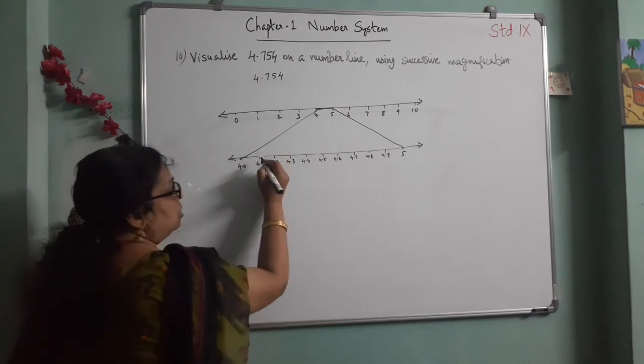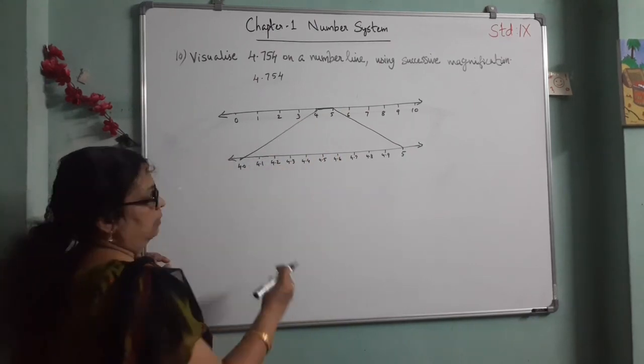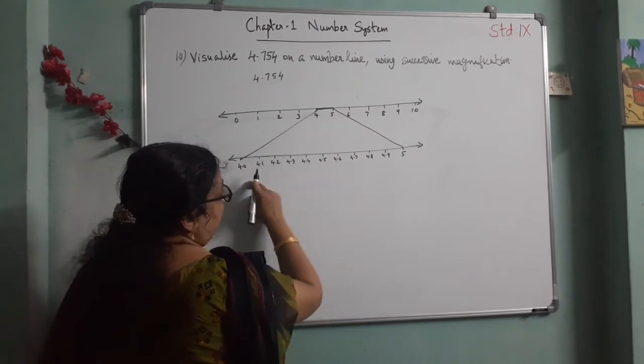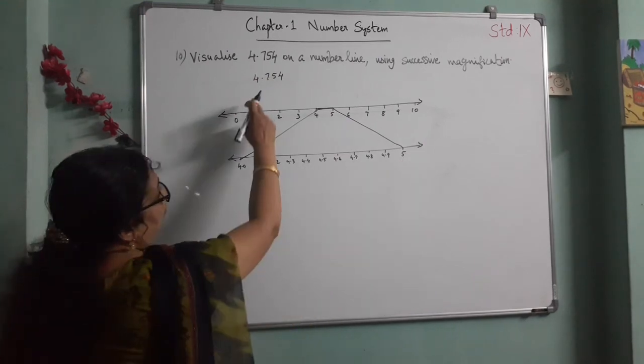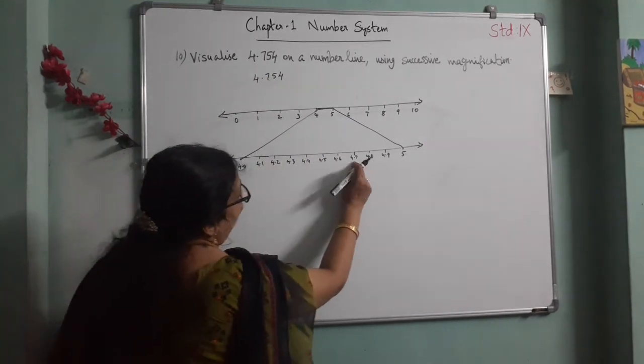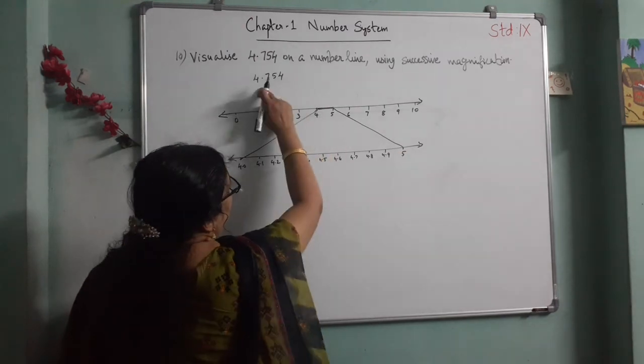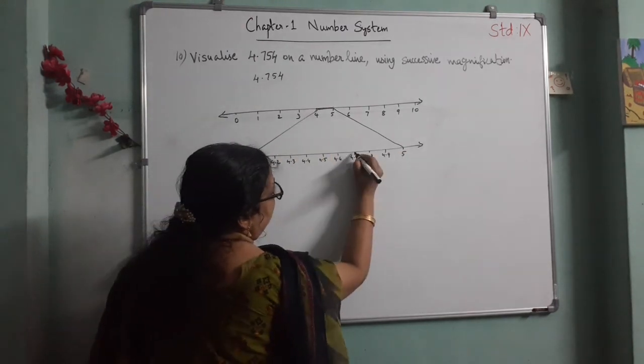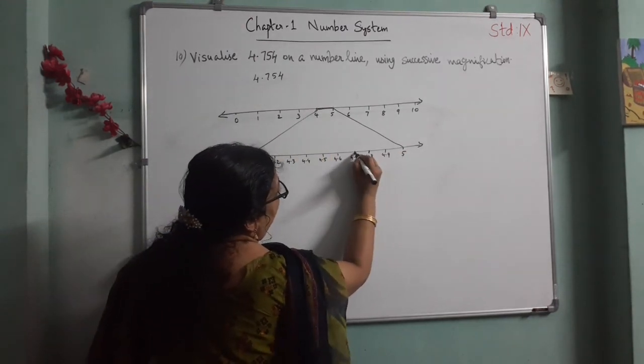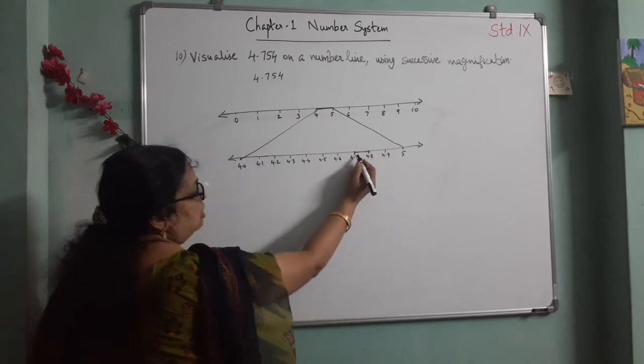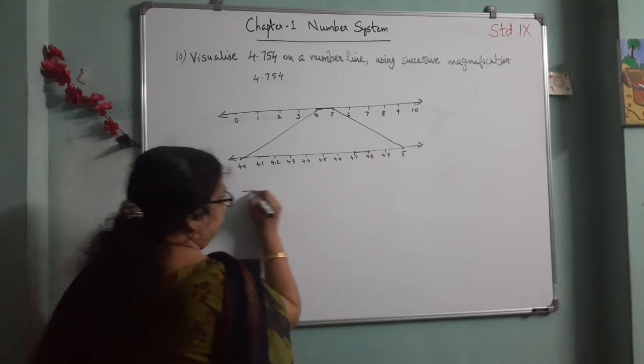So this line also you draw using a scale. So 4 to 5 that we magnify. 4.7, that is here 4.7 something, that is 4.754 is between 4.7 and 4.8, this line. So this we want to magnify again.